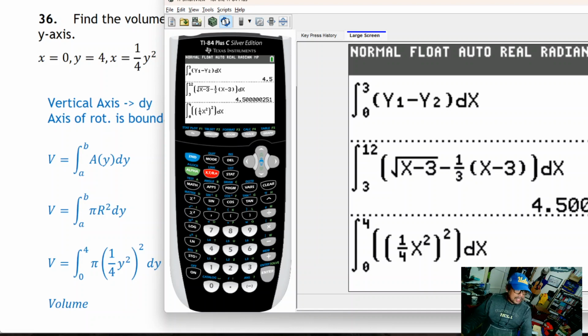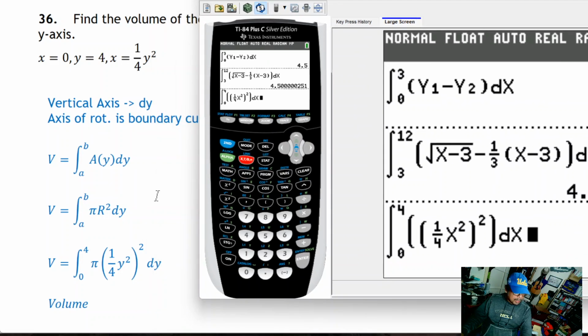And since we're in terms of x, we're going to put an x there. Notice that these two functions that we're writing here are analogous to each other. They're basically the same thing. It's just I'm using x instead of y. You're also going to notice that I didn't put a pi here because I'm just going to manually put a pi at the end of this, if I get a manageable number.